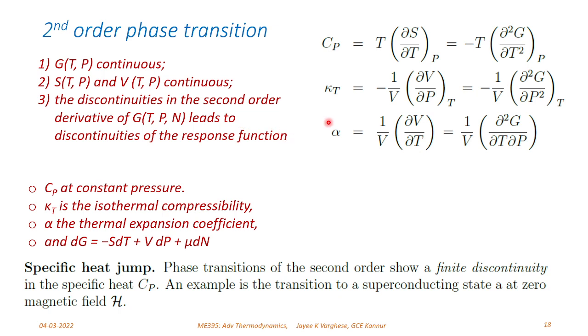Again we can obtain this relation. Specific heat is equal to T into dou S by dou T at constant pressure.